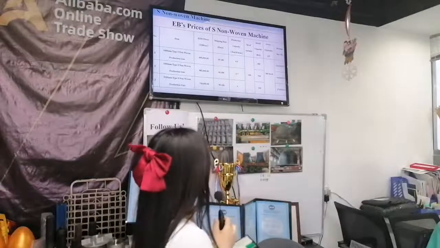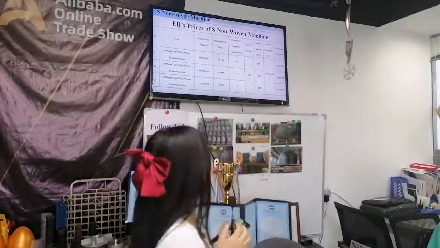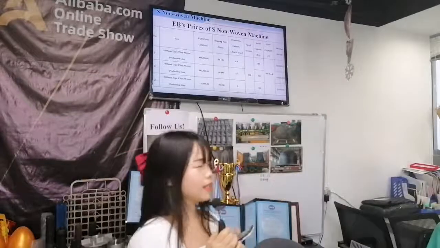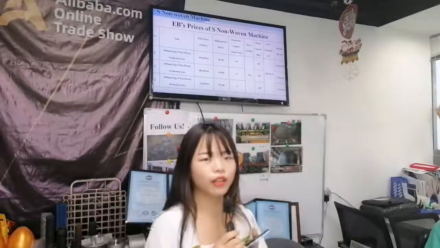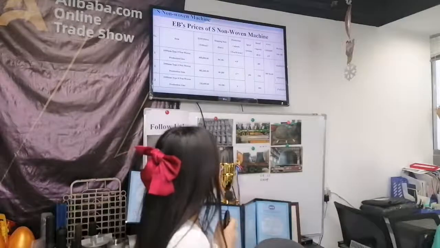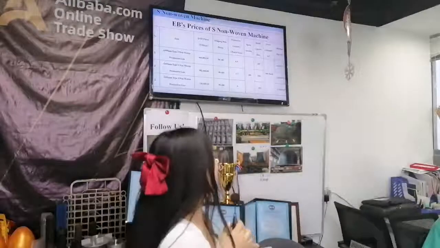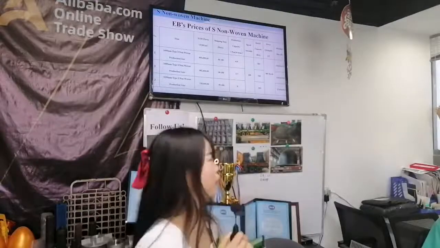Production capacity is 6 to 7 tons per hour. Install capacity is 320. Machine size is 14 and 20 and 10.5.